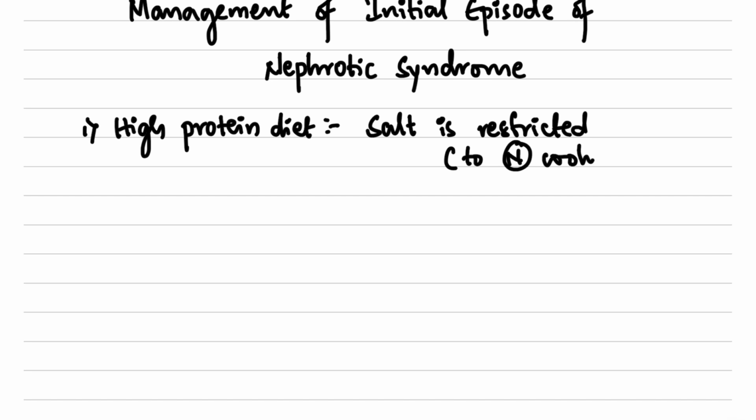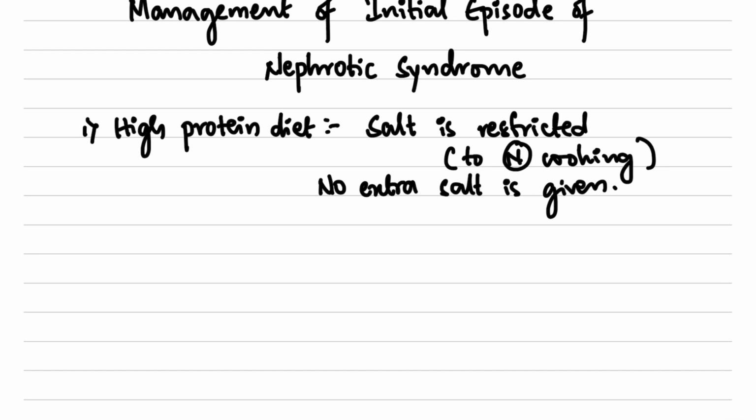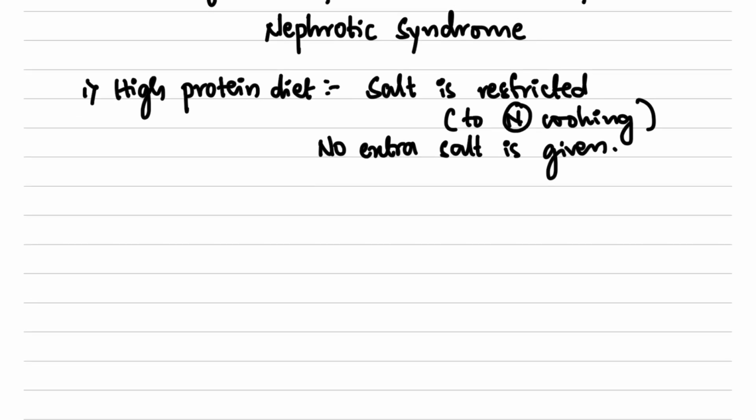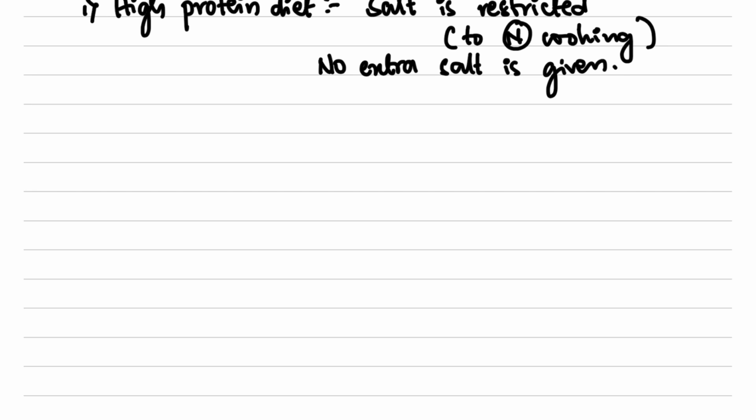So how much we will cook and how much normal salt we will use for normal cooking, that much allowance is taken. No extra salt is given. That's what we need to remember. So this is the first advice that we are giving to the patient suffering from the nephrotic syndrome.